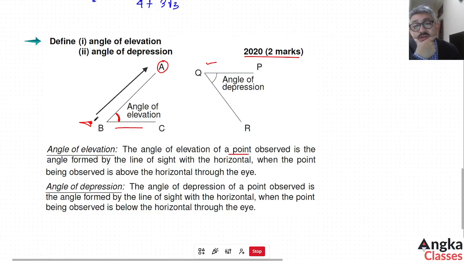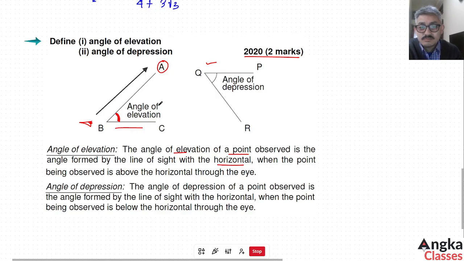So the angle that AB forms with the horizontal BC is the angle of elevation. So the angle of elevation of a point observed is the angle formed by the line of sight with the horizontal when the point observed is above the horizontal.